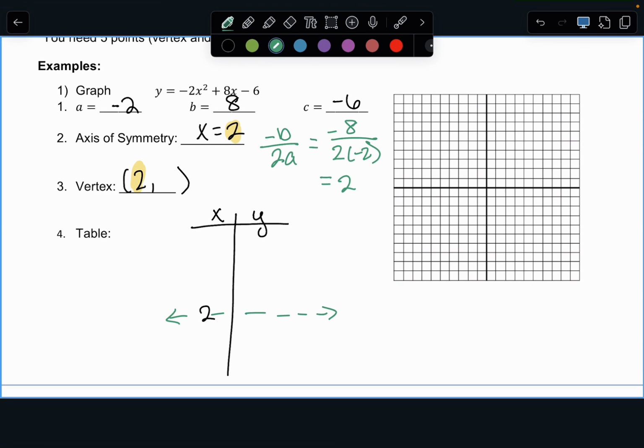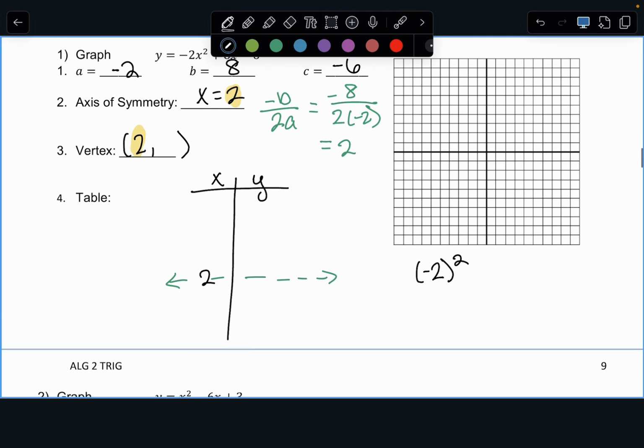For standard form, I would recommend either using a calculator and just being careful. Remember, if we square a negative, we have to put the negative in parentheses. So negative 2 squared is positive 4. So either use a calculator or do what I'm about to do and take it step by step.